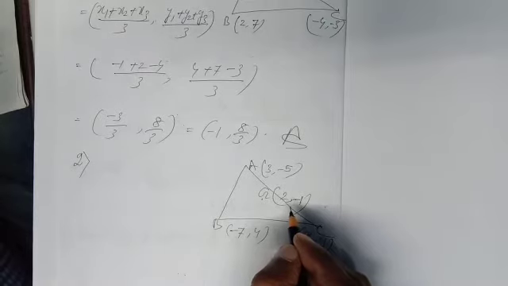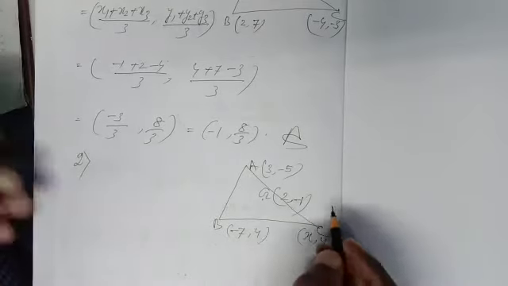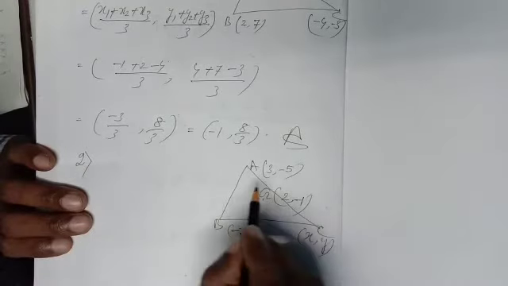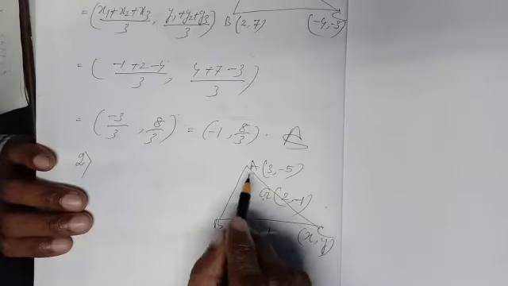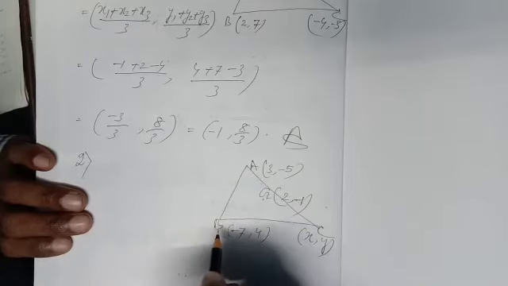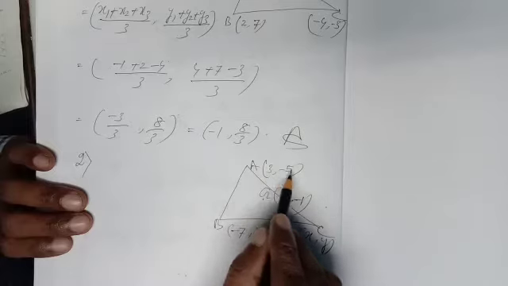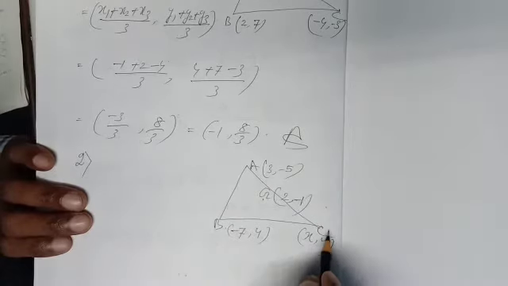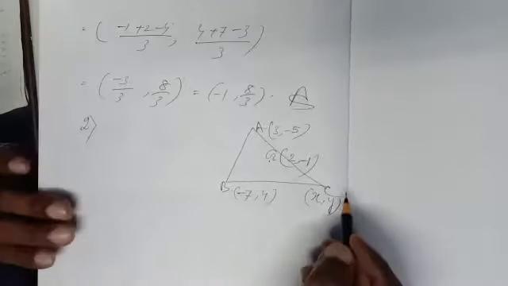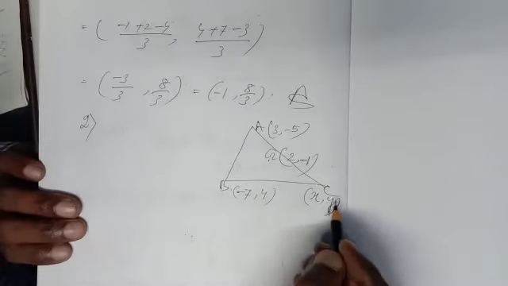Okay, now how do we find it? The centroid of the triangle is given, and of the three vertices, A is given as 3, -5, B is given, and C is not given. Let us assume the coordinates of C are x, y.